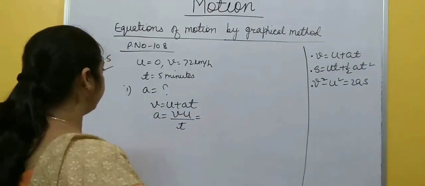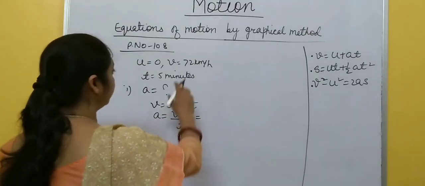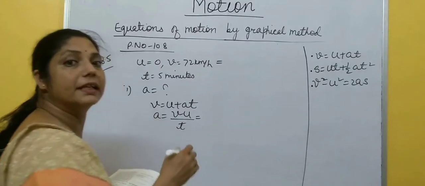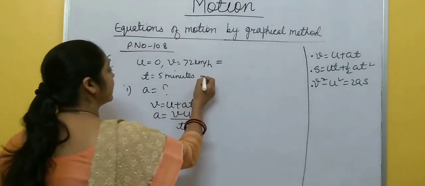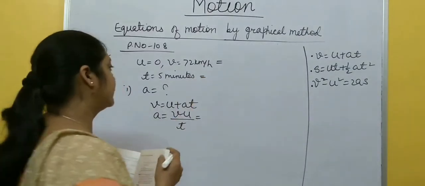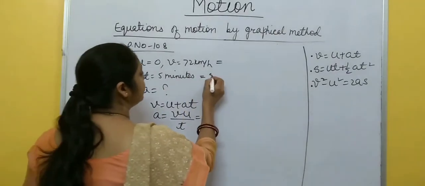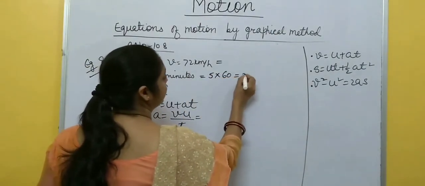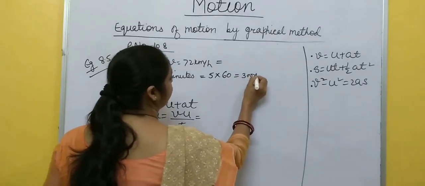Okay, and V is given as 72 km per hour. You have to convert this into meter per second, and the time in minutes also into seconds. So 5 minutes means 5 into 60 seconds, which is 300 seconds, right?